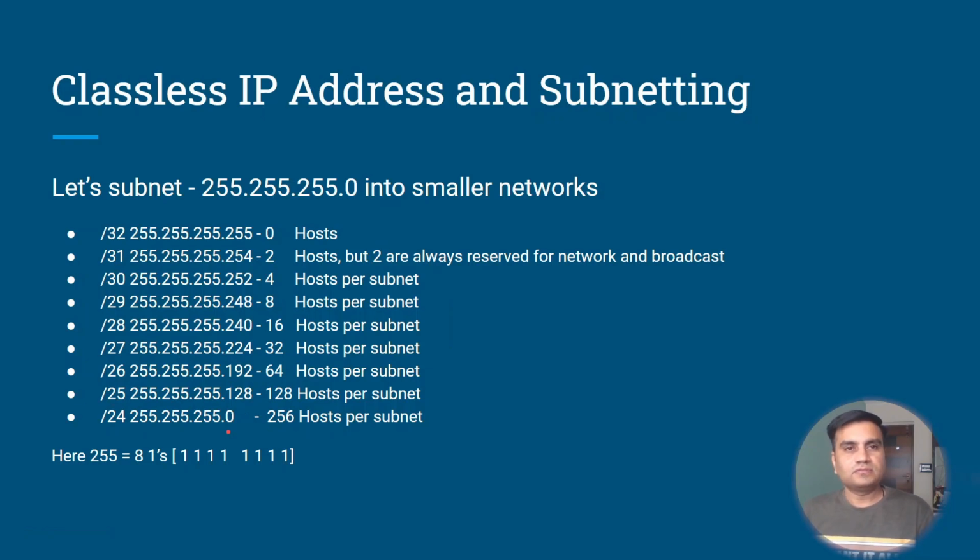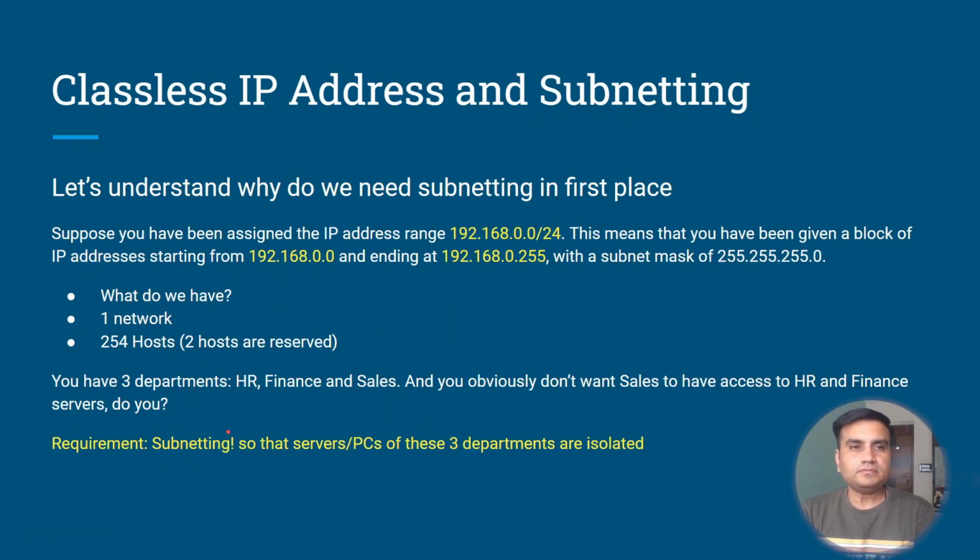Let's go to the problem statement, right? I joined a company. Okay, one network engineer came. He said, okay boss, you are supposed to use this IP address range. What is this IP address range? This is starting from 192.168. 192 comes in what range? It comes in class C, right?